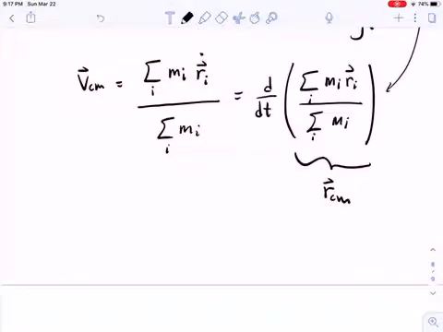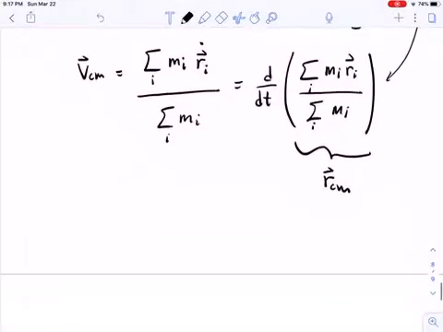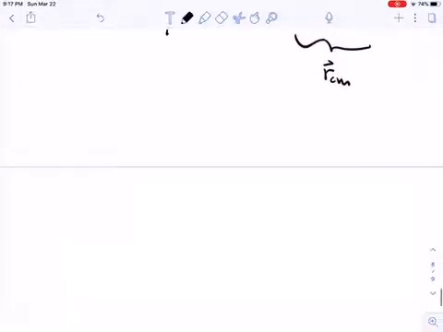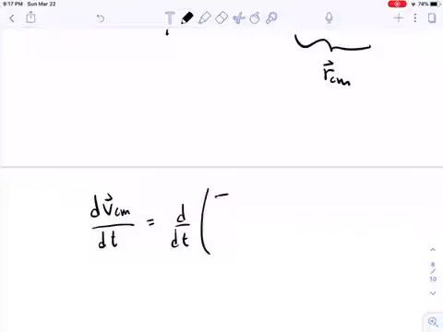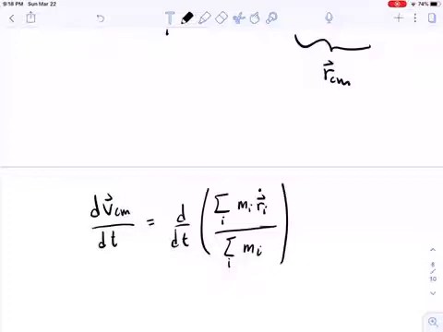Okay, so what else could we do? What if we just took a time derivative of the center of mass velocity? So let's take the center of mass velocity and take a time derivative of that. Well, that's d by dt of mi ri dot, so ri dot is the velocity. What we did last time is we pulled the derivative outside the sum. This time we can put the derivative inside the sum.